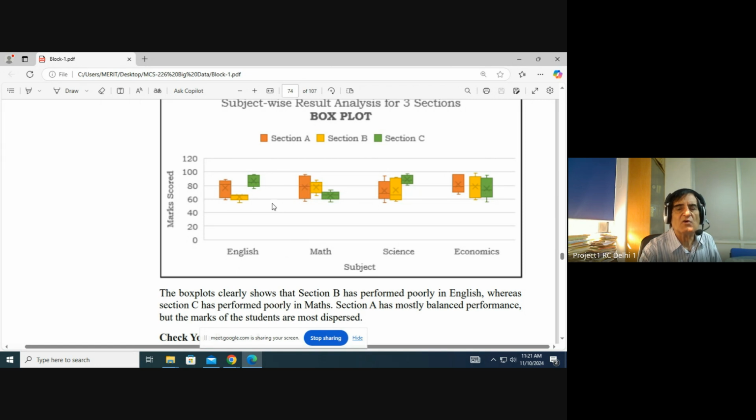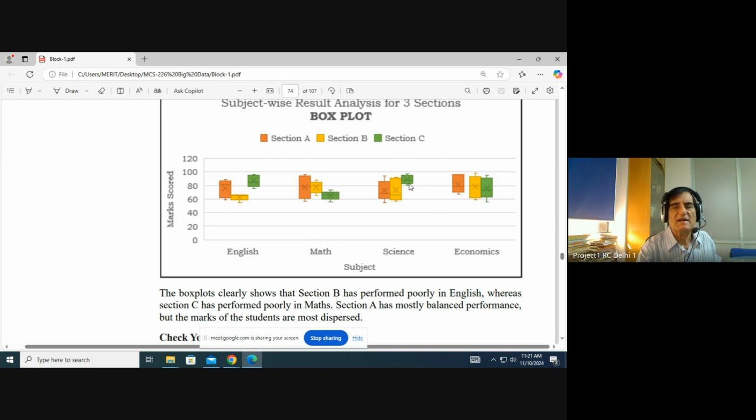From this you can find out which class section is doing better. Say for example, this probably is doing better because here the mathematics marks are maximum, here the science marks are low. But section B is doing better in science, whereas here section A was doing better in mathematics because the highest marks are in this one. Here in science these two sections are doing equal. This yellow one is section B, they are doing better in science and economics.